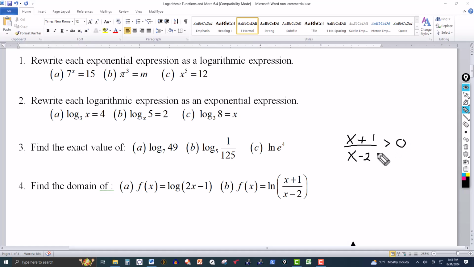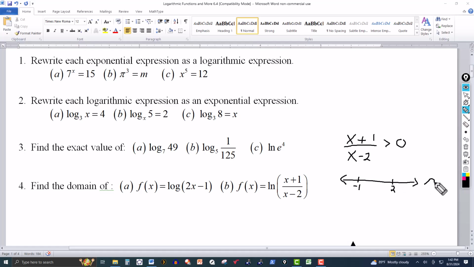And you solve this just like any regular rational inequality. You plot on a number line, plot the numbers that make the numerator 0 and the denominator 0. So the numerator is 0 at negative 1, so put negative 1 over here. The denominator is 0 at 2, put the 2 over here.